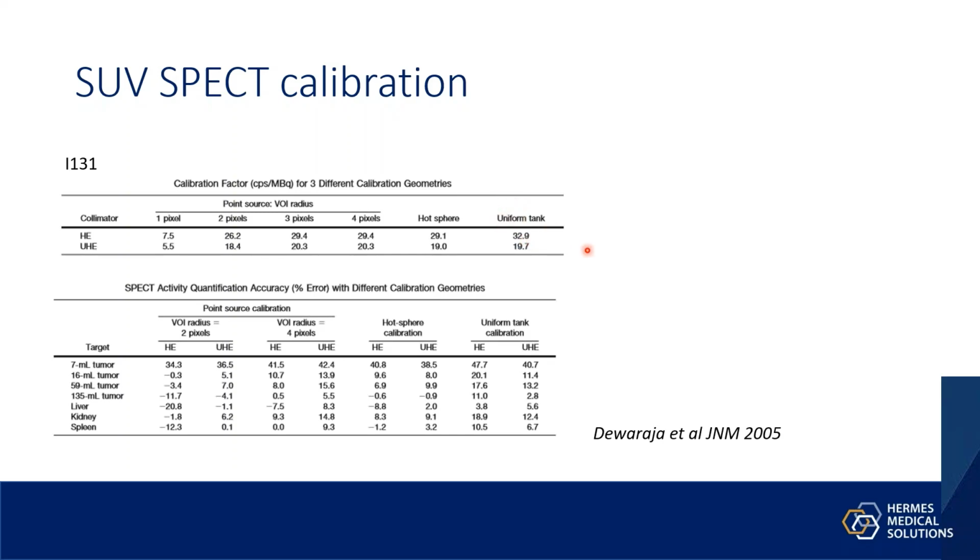So there is a huge variation in the calibration factors. Please be careful and use the method that Hermes recommends, that usually leads to the best results with hybrid recon.